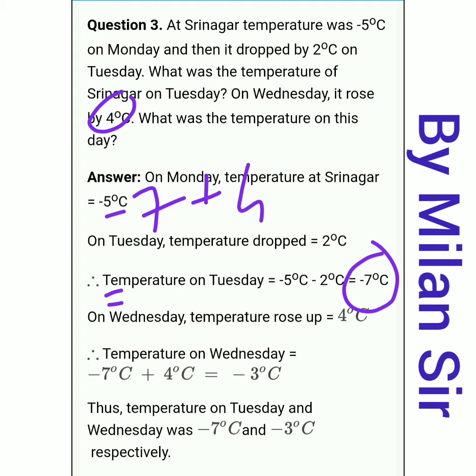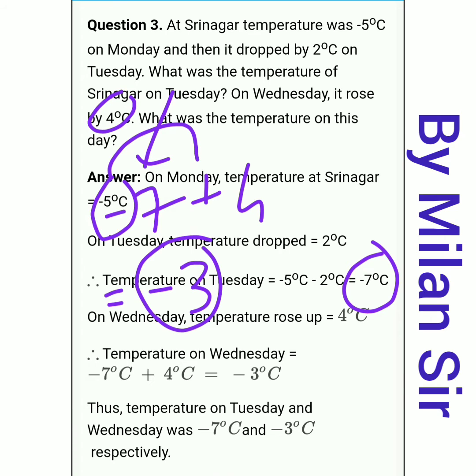Now we need to solve this. Now here minus plus minus, that means we need to use subtraction process. So 7 minus 4, that's a 3, and big number sign, it is negative right now, right? Our big number is 7 and 7 has a negative sign, so here minus 3.